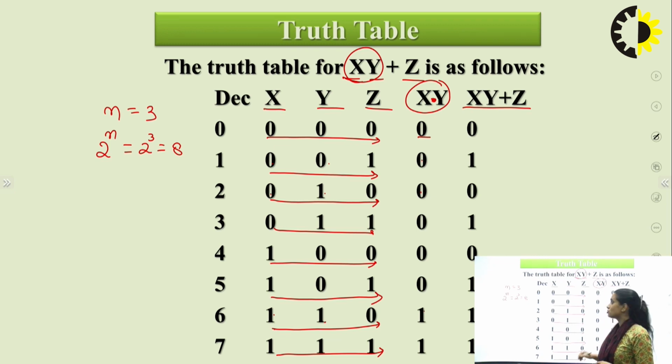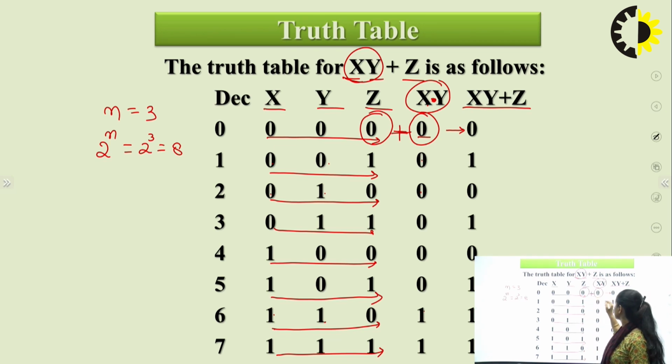The next step is to make addition with z. Addition of what? x into y. So we'll check this column and this column, and the output will be the addition of these. Since this is logical addition, the output will be 1 wherever there is even a single 1, otherwise it is 0.